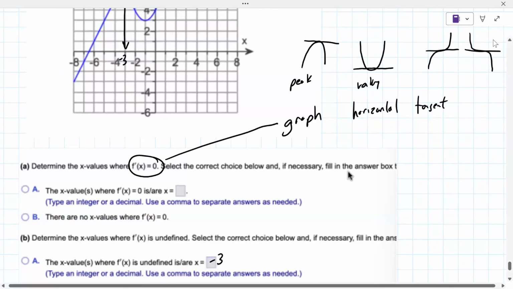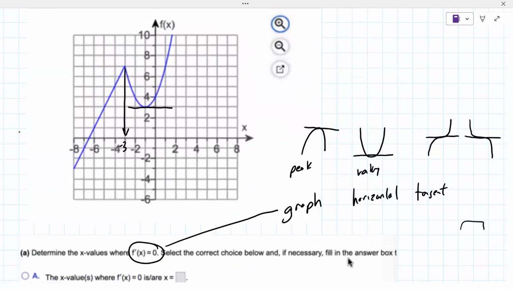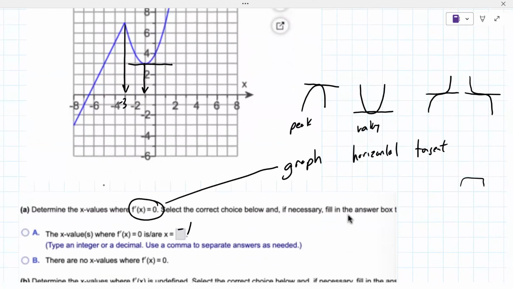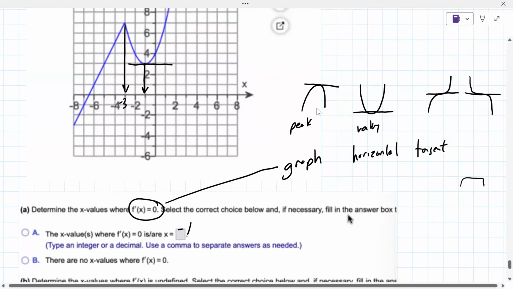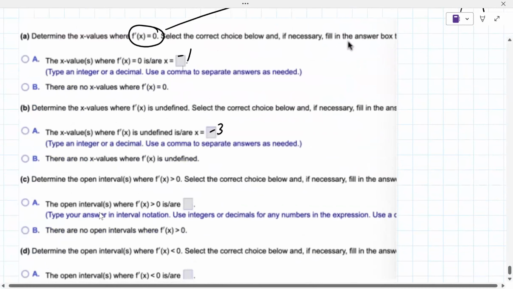It's like a plateau maybe. Not really. So the only one is right here. And we want the X value again. Always the X value. It even says the X value here. So make sure you're choosing the X value, which is -1. There could be more than one. That's why it says to use commas to separate answers, but in this one there is not. But these are the things you're looking for: peaks, valleys, and those.